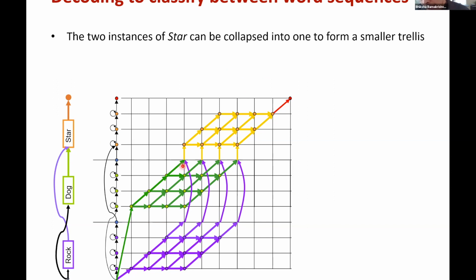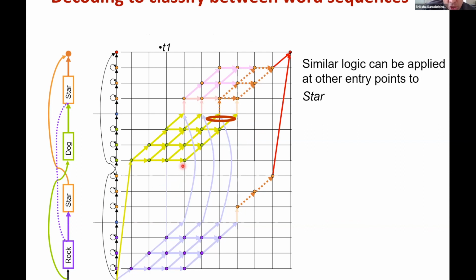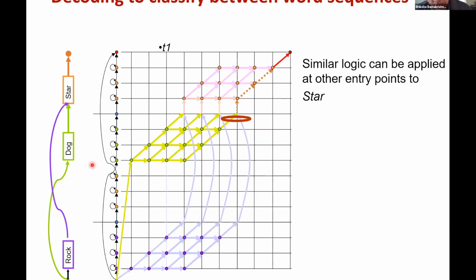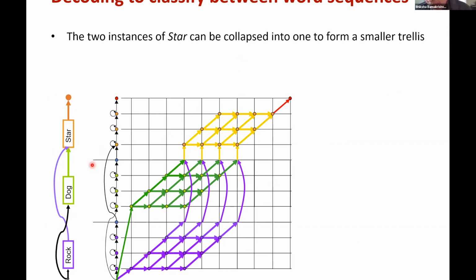This was only possible because I used exactly the same model for star in both cases, because only then can I be sure that these 2 graphs are going to be identical. I recorded star once, and I used that model twice to compose rock star versus dog star. And when I do that, I don't actually need to explicitly use the word star twice. I can just use this reduced graph. And the best path through this reduced graph is going to tell you whether it was rock star or dog star.